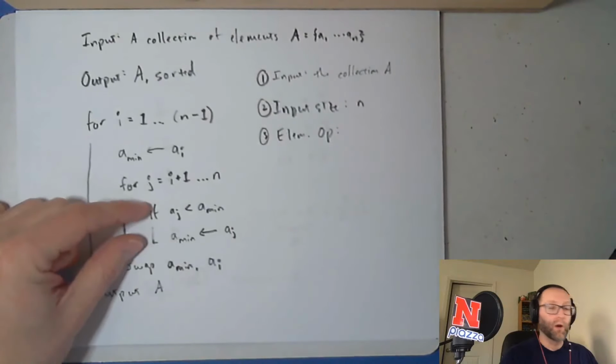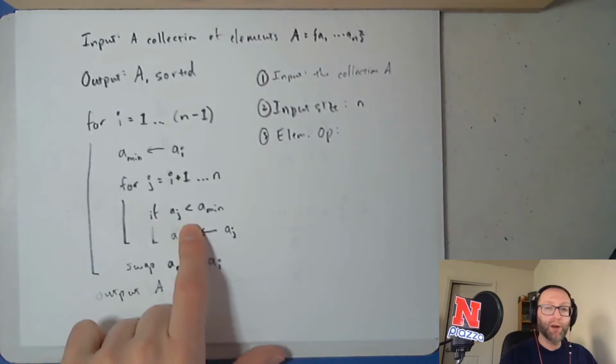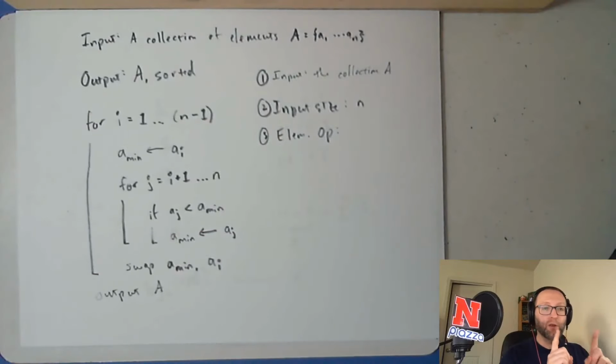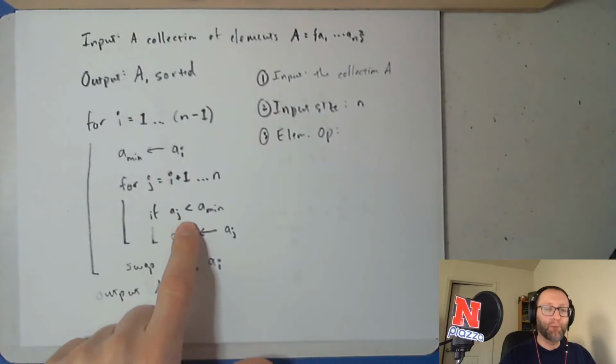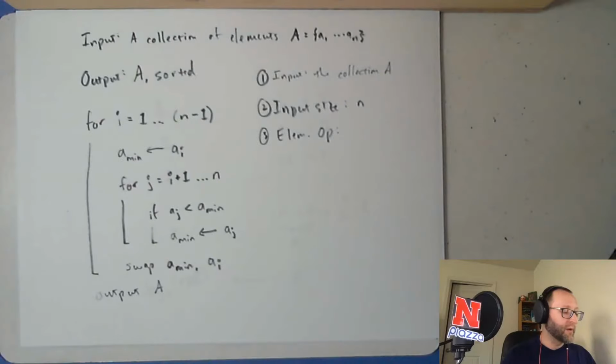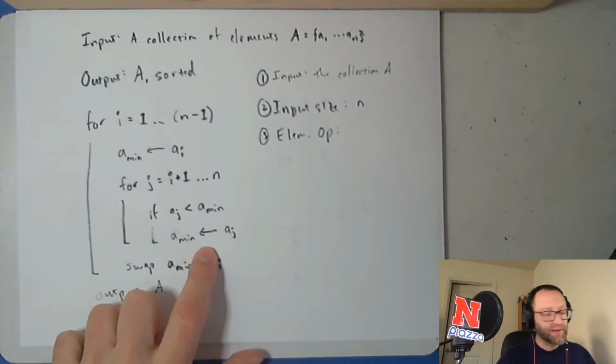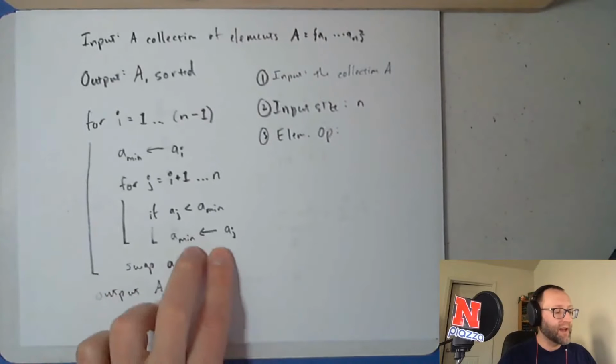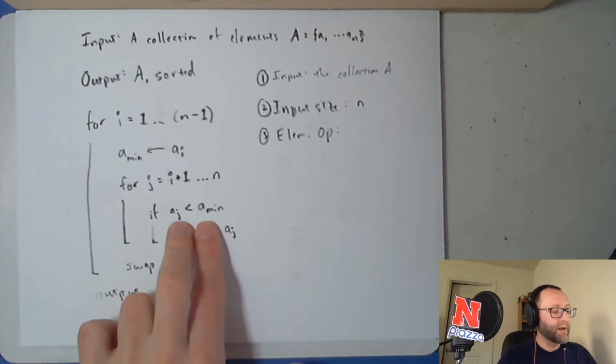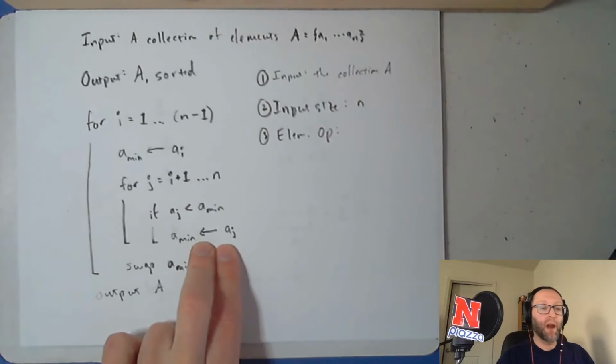Here's where the real work happens. We do a comparison here to see, is this thing smaller than the thing that we found so far? If so, that's going to be our new minimum. Right? That comparison right there is probably a good candidate. But let's look at the rest of the algorithm first. An assignment, that's not even the most common thing, because if this comparison evaluates to false, then this never even happens.